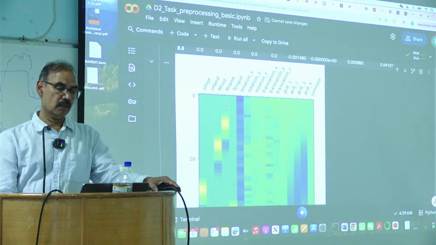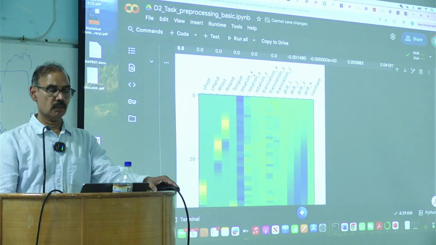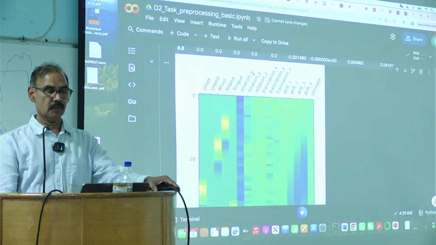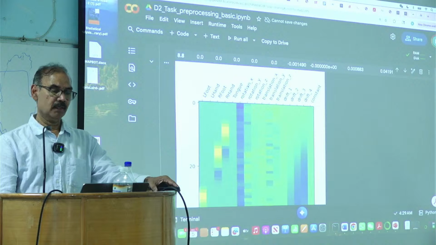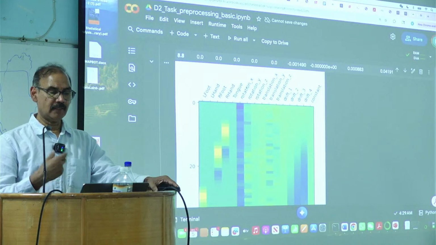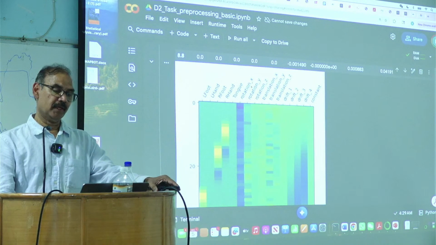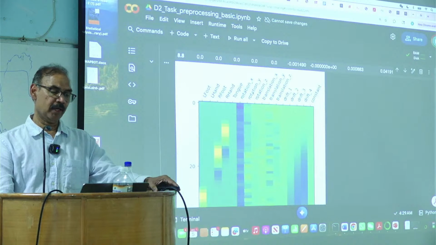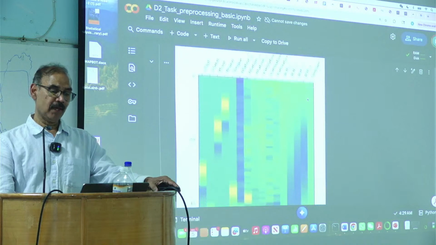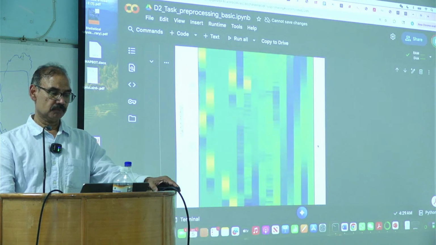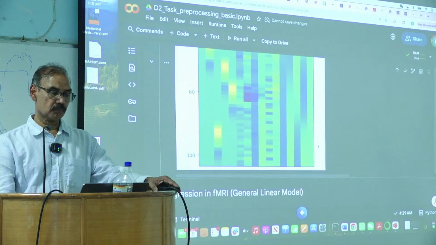And then we have rotation. There should be six, I think it's just written in that way. So 5 conditions, then these 6 parameters. And then we assume that there are drifts, and then there is a constant. So this is how it looks.